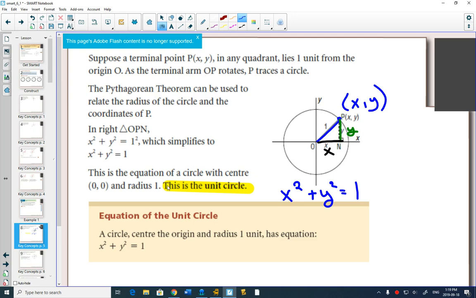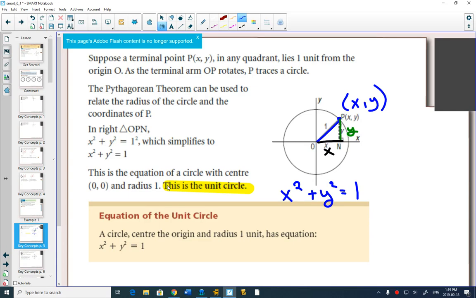In a second way that it connects a circle to a triangle is on this unit circle, we picked a random point x comma y. But the other thing that we know about trigonometry of right triangles is that sine is the opposite over hypotenuse, cos is the adjacent over hypotenuse, and tan is the opposite over adjacent.